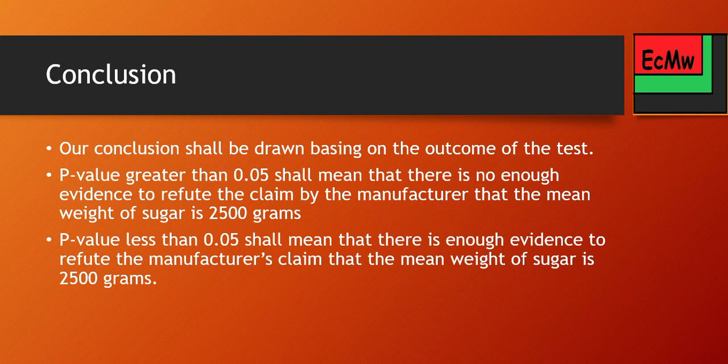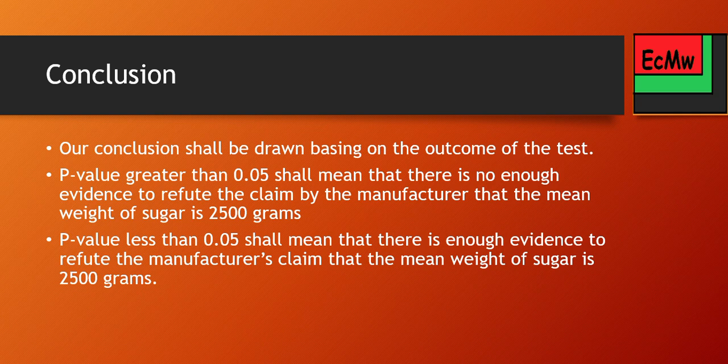If we find the p-value that is less than 0.05, it's when we are going to reject the manufacturer's claim, or it's when we are going to reject the null hypothesis. But if we find the p-value that is greater than 0.05, then we don't have enough evidence to reject the manufacturer's claim.